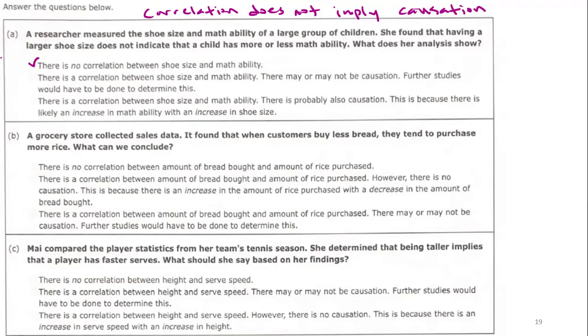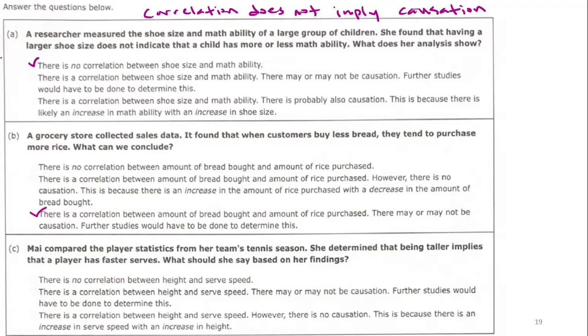For part B, there is a correlation between the amount of bread bought and the amount of rice purchased.